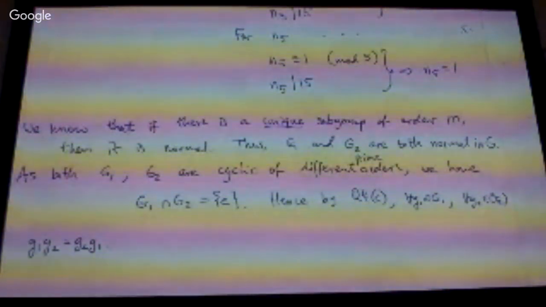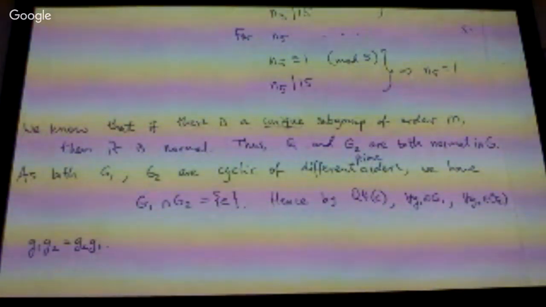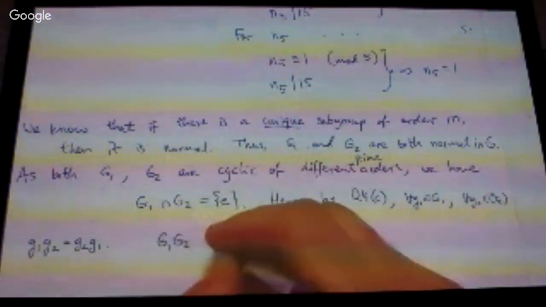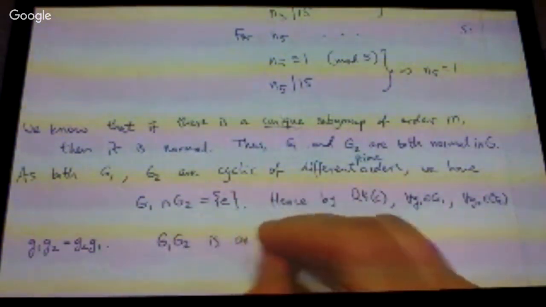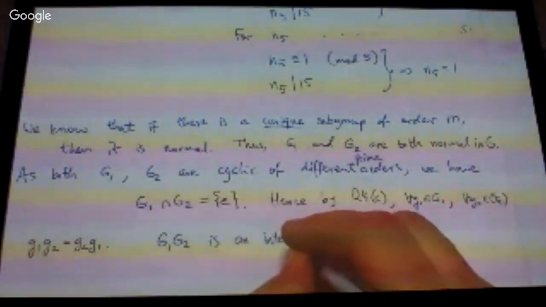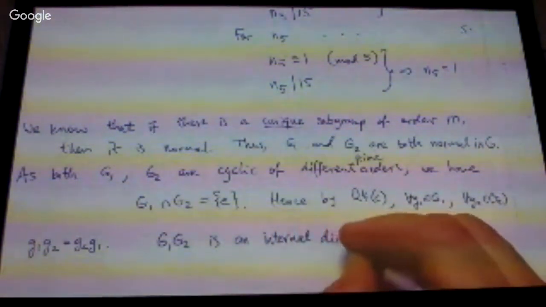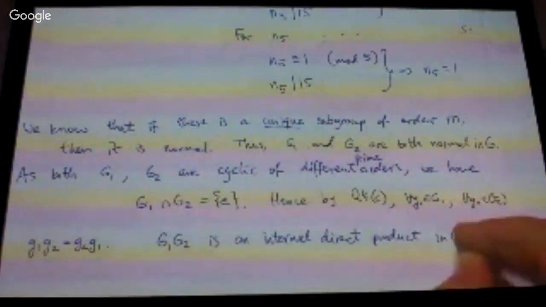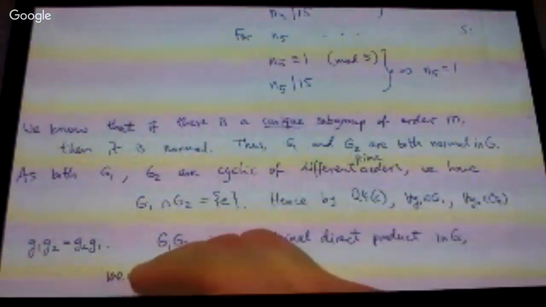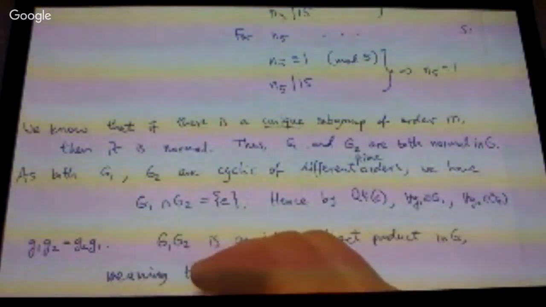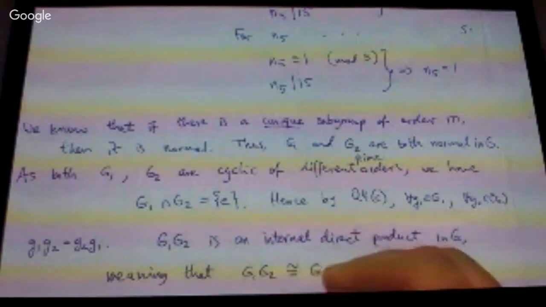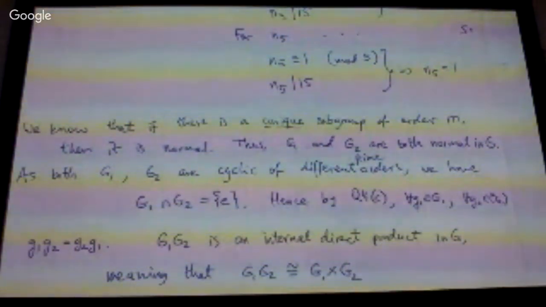Yeah, it means that if you take G1 G2, it is an internal direct product in G, meaning that G1 G2 is isomorphic to G1 cross G2, is it not?